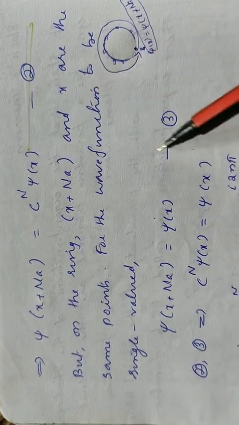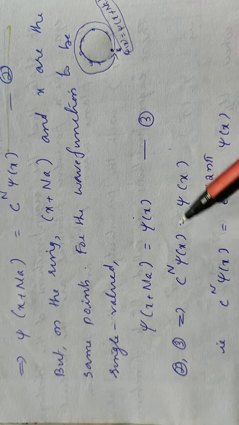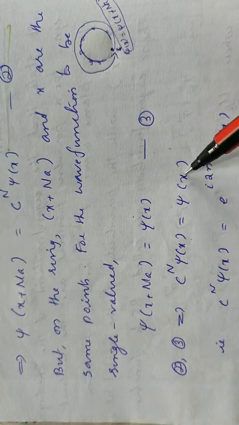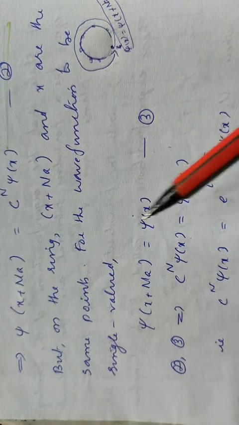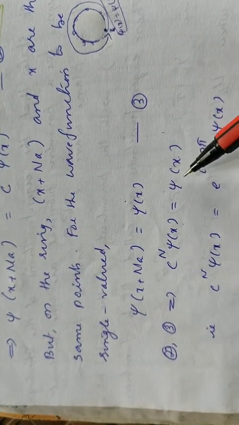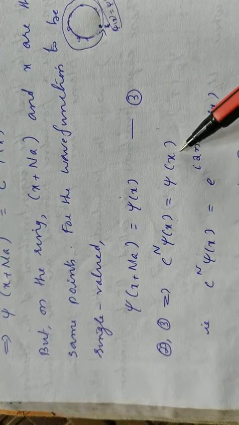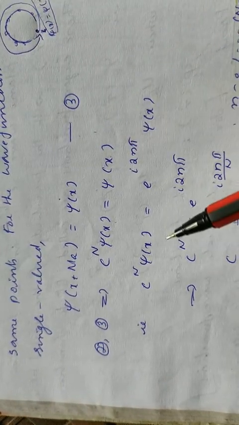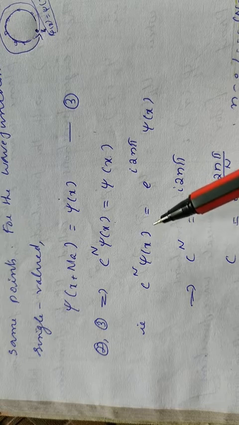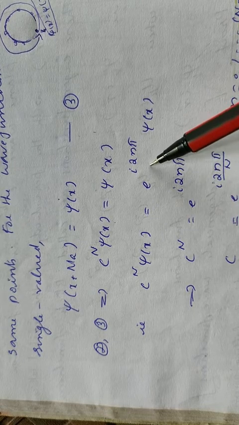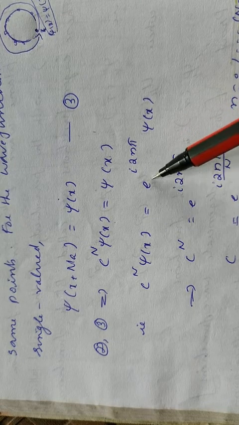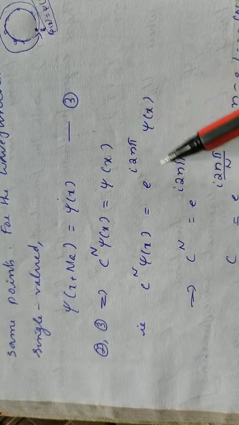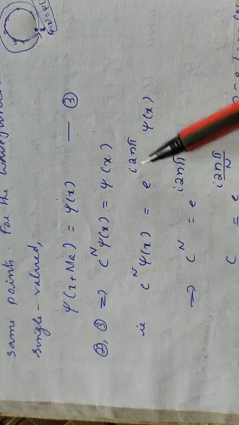From these two we can write C to the power N psi of x is equal to psi of x itself, because psi of x plus Na is psi of x. So we can write C to the power N psi of x as psi of x. Now C to the power N is equal to, can be written as e to the power i 2n pi, which is 1.